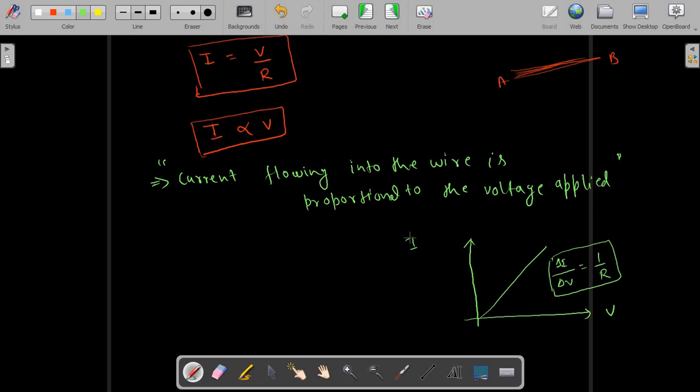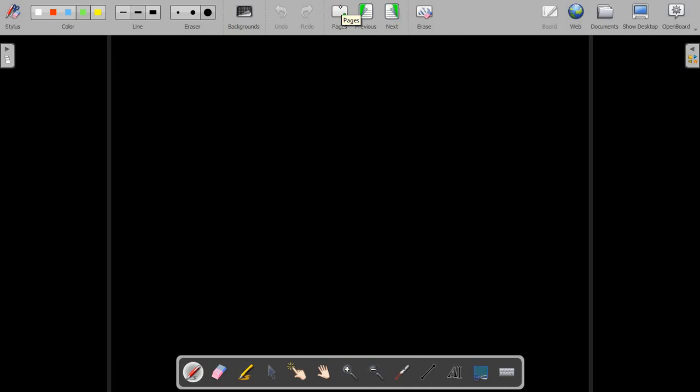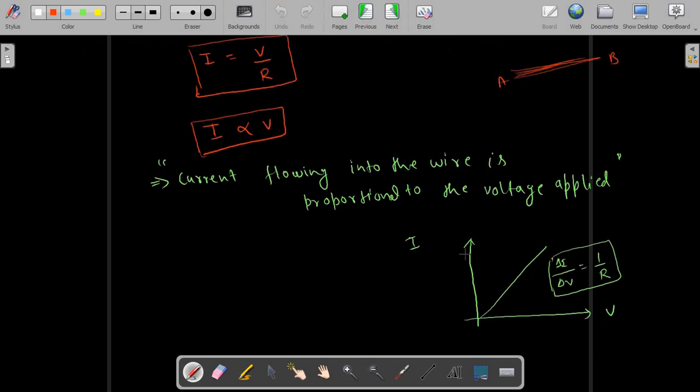But this Ohm's law has some limitations. You cannot use it for every kind of material. Ohm's law is valid only for metals. In the case of metals you will get this curve.